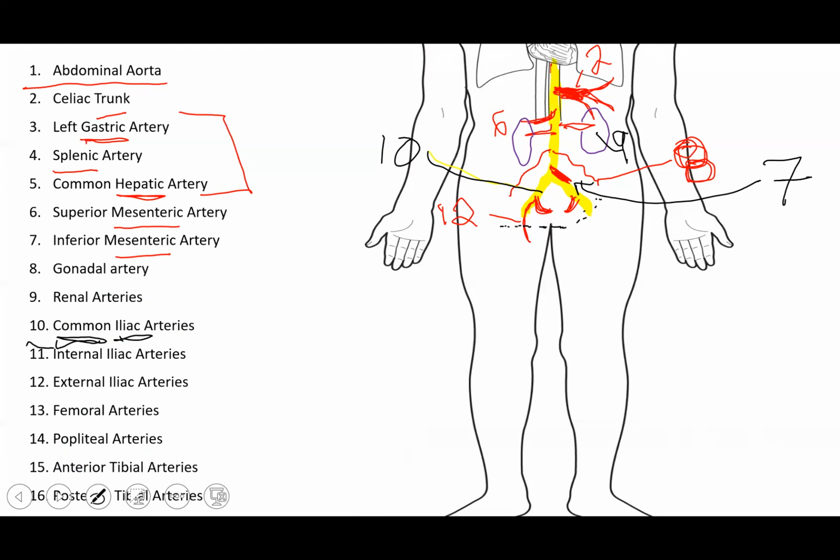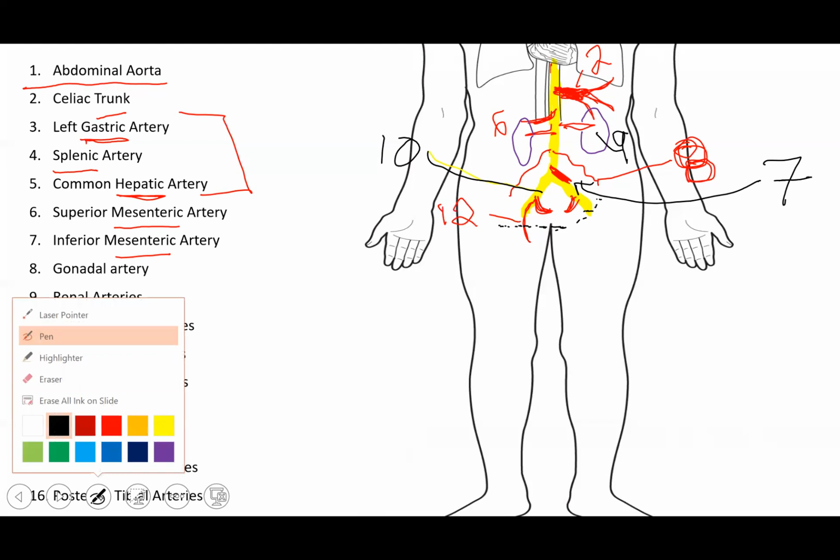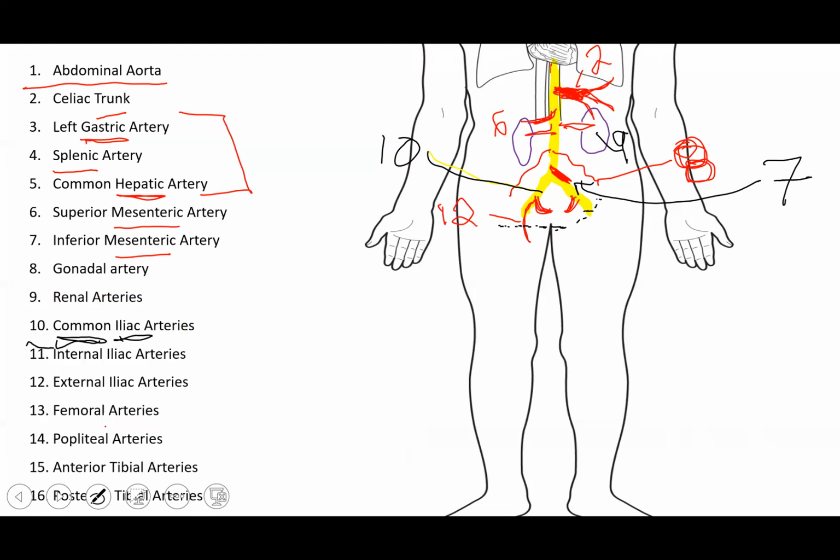Okay, so it's going to cross over the pubic bone, and of course, then it's going to change names once again. As soon as it crosses over the pelvis, it's going to travel down the medial and then ultimately the posterior side of the leg. This is called, number 13, the femoral artery, right, because it's in the femoral region.